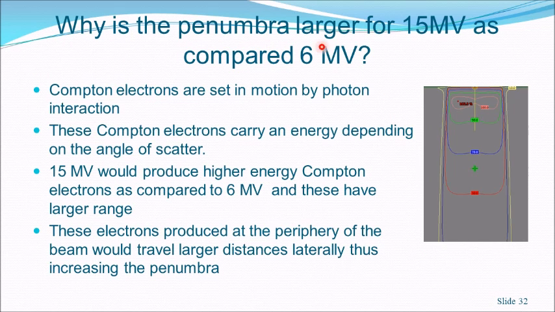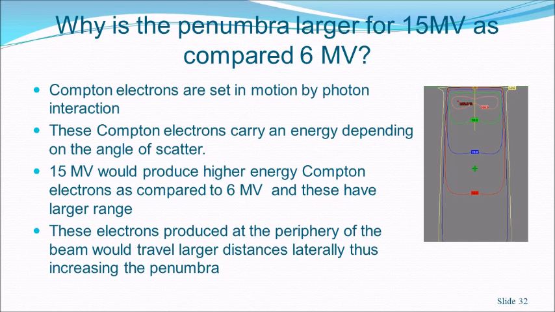Why is the penumbra larger for 15 MV as compared to 6 MV? The reason is when photons interact, they set in motion Compton electrons. These Compton electrons carry an energy depending on the angle of scatter. Sometimes it could be as large as the incident photon energy. For example, a 15 MV would produce a Compton electron having a larger energy than a 6 MV.